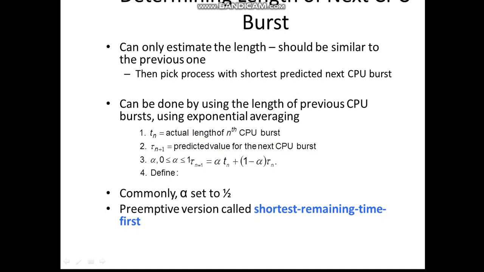It can be done by using the length of the previous CPU bursts with an exponential average. So this is the formula here. Usually by default alpha is set to 0.5, that is half. The preemptive version of this algorithm is called SRTF, that is shortest remaining time first.